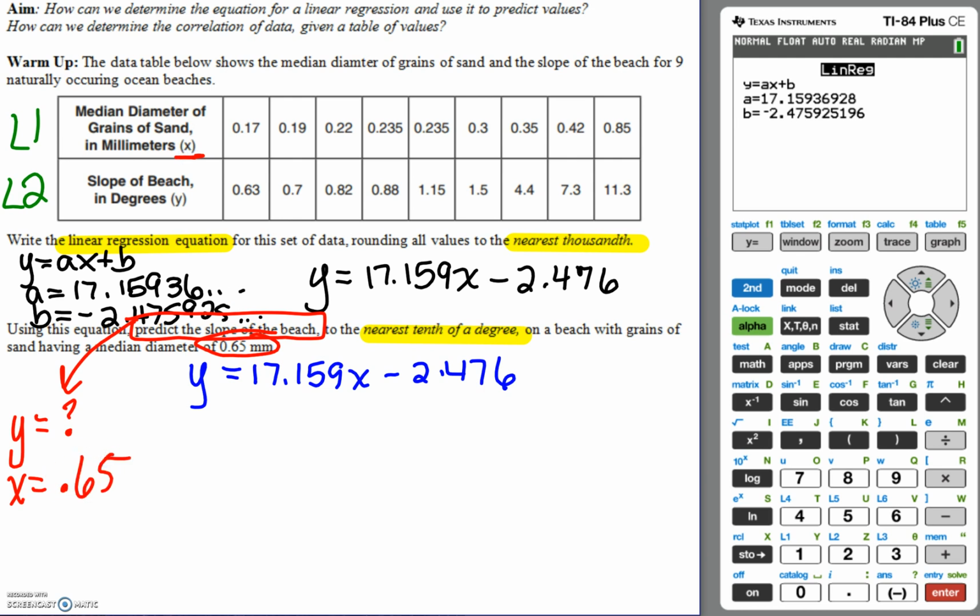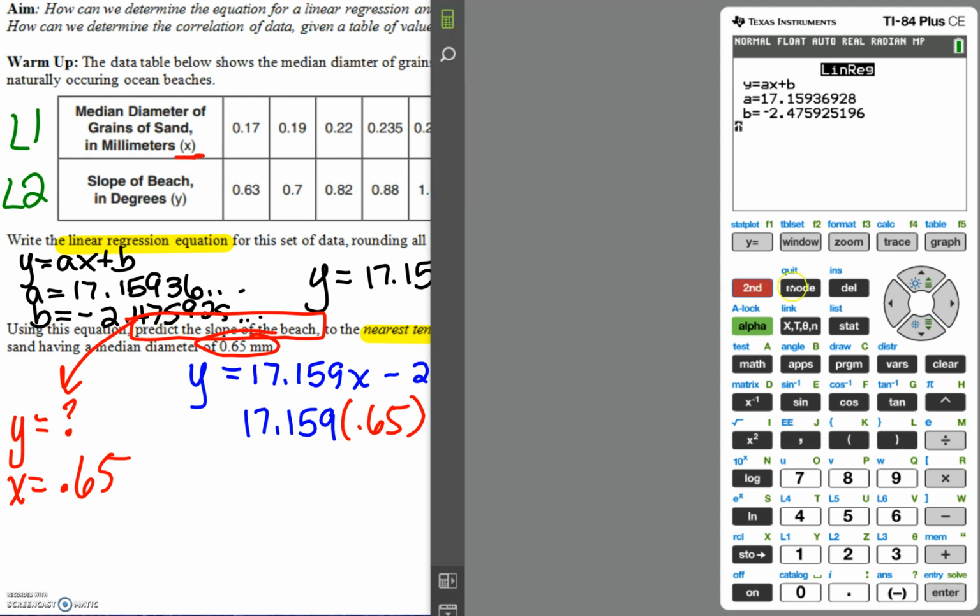And we know that represents our x value. From here, I'm just going to take 0.65 and replace it with the x that I see in the equation. And I'm going to type that right into the calculator. So 17.159 times 0.65 minus 2.476.